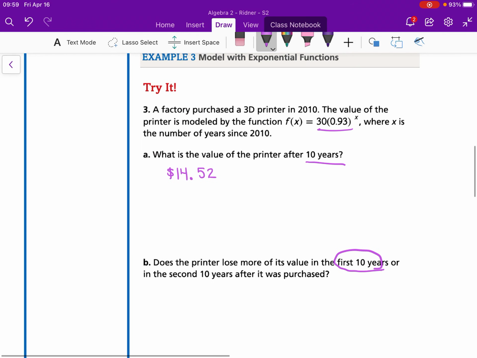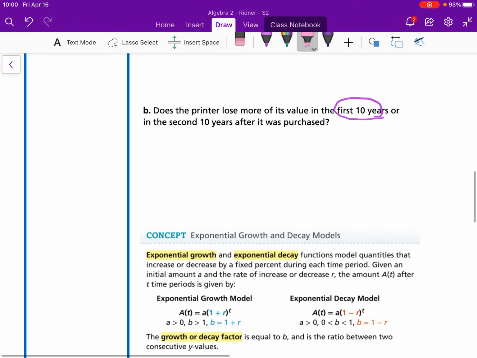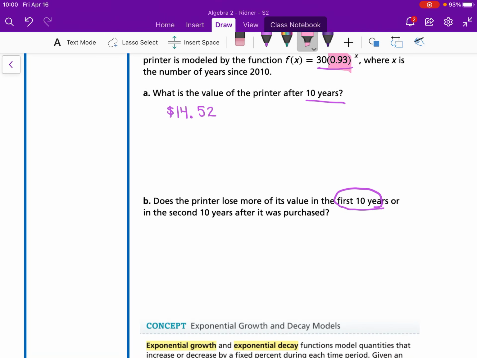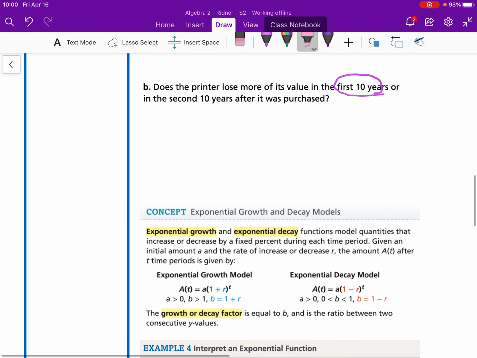And part of the reason that that is true is because anytime your b value, so the value that you are raising to x, is smaller than 1, it is called exponential decay, because as you saw in the graph, decay means that it's going down, down, down. So things like your car value would be a decay.